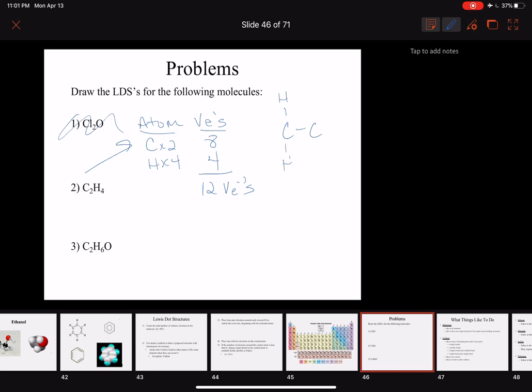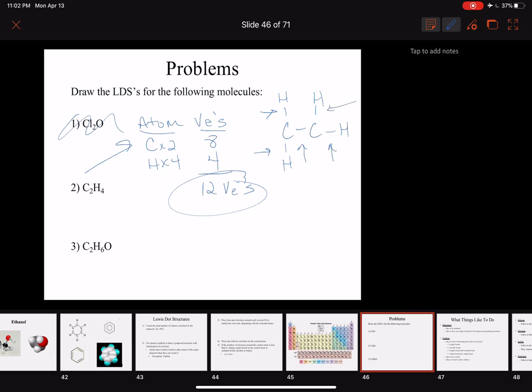Now you guys can draw them top and bottom, or you can draw them top and to the right, or on the left carbon, top and to the left, or to the left and to the bottom, or any way you want, as long as you've got 2 hydrogens on each of those carbons, because again, nature tends to be symmetrical. Okay, so 12 valence electrons available, and we've used up 2, 4, 6, 8, 10.